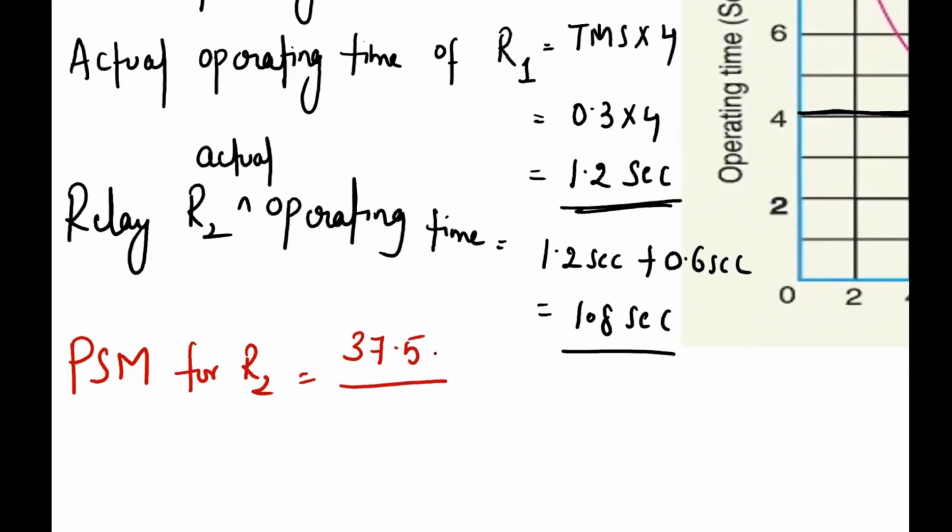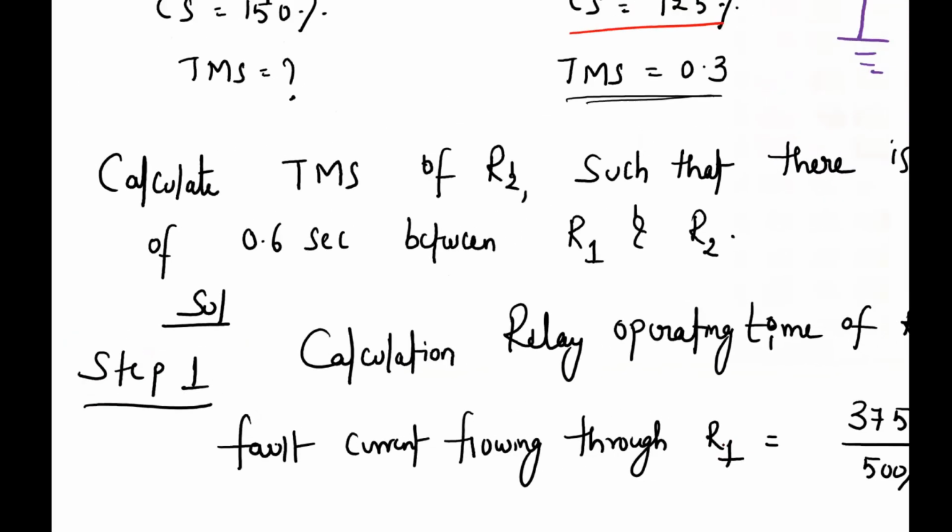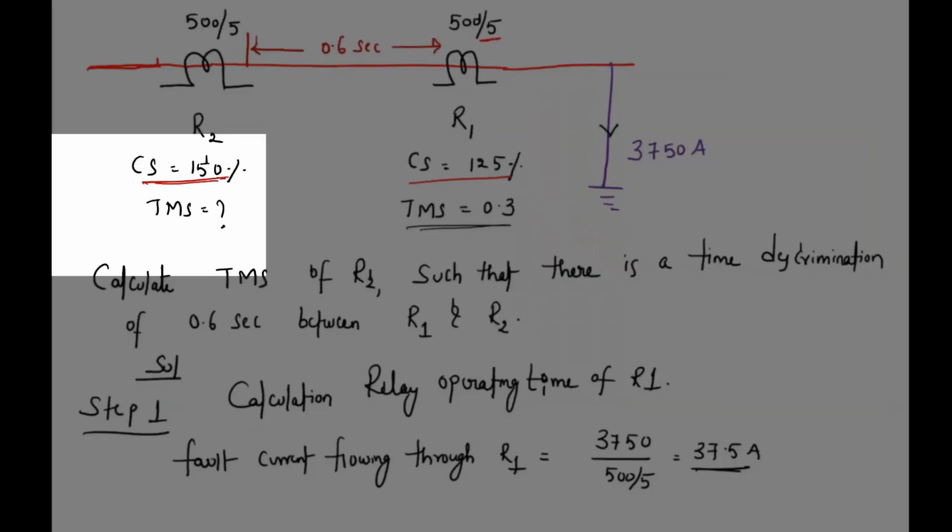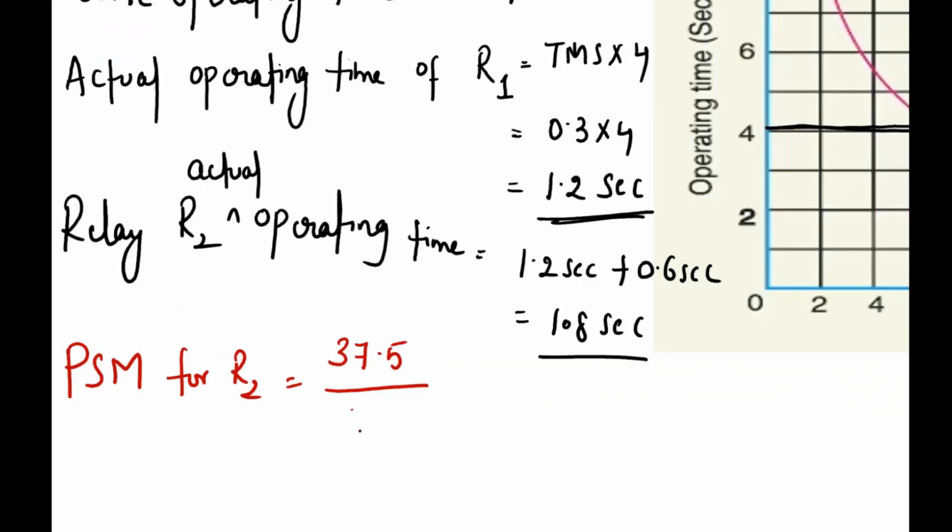Now what is the pickup current of relay R2? There is a difference because here the current setting is 150%. So 150% of 5 ampere will become how much? 7.5. I'm directly writing the values. So 37.5 divided by 7.5 is how much? It is 5.